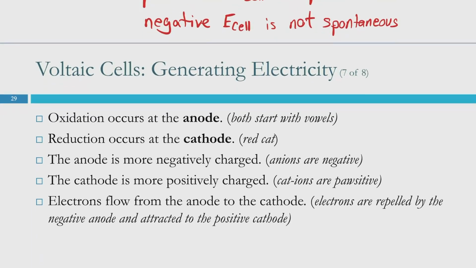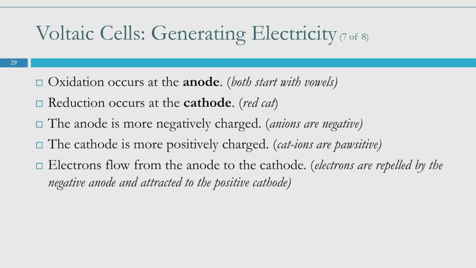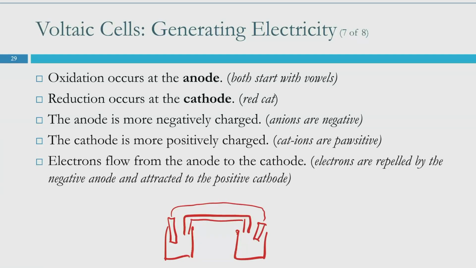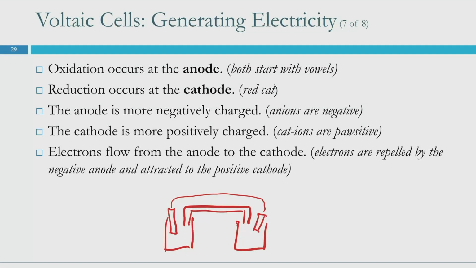All right, some other parts of our voltaic cell. Again, this is with our little beakers, and we've got a salt bridge, and we've got our electrodes, and we've got a wire. So we're talking now about our electrodes.